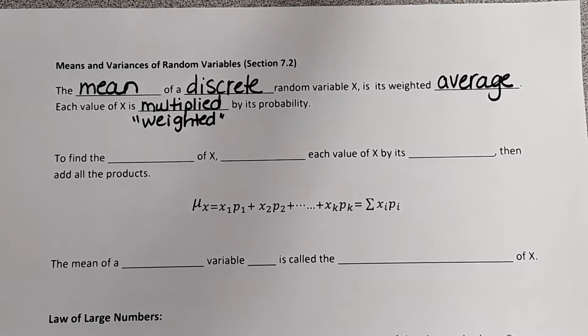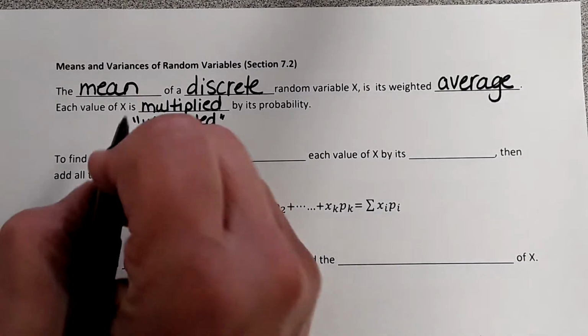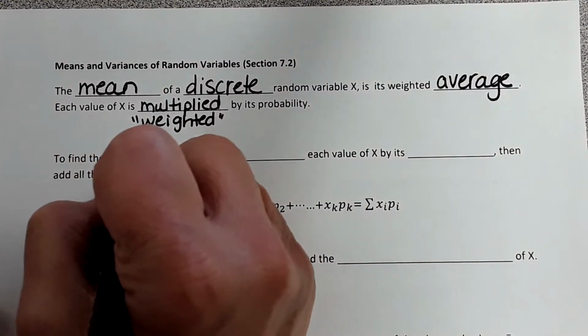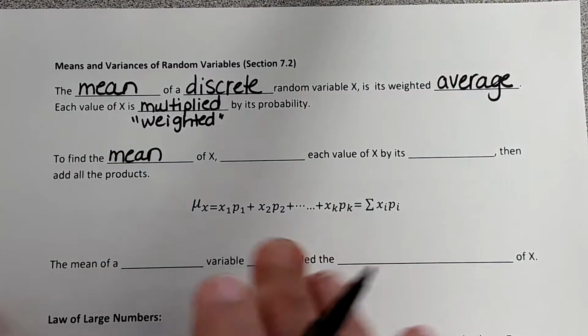Now, that's your mean. Even though we're talking about probability, that's your mean. So to find the mean of your semester grade, that's what we do: 0.4, 0.4, 0.2. So to find the mean of x, we have this example down here, and I'll show it to you.